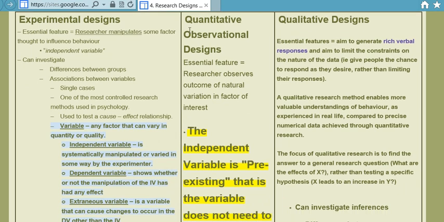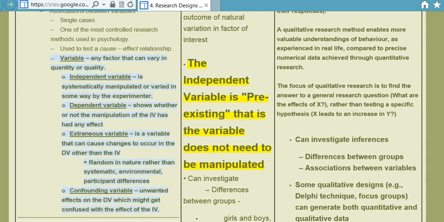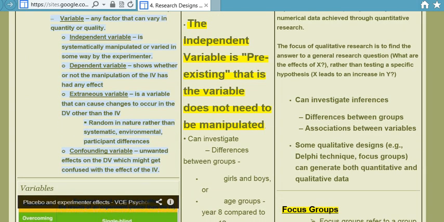Whereas the observational design quantifies the behaviors, the difference between the experimental design and the quantitative design is that the independent variable is pre-existing, so we don't manipulate it.